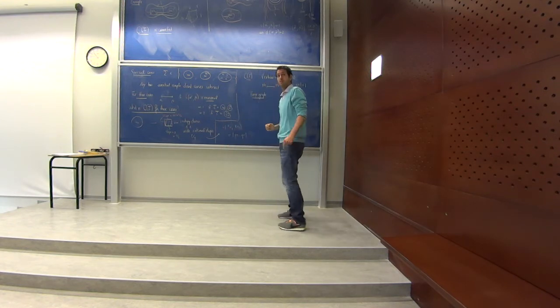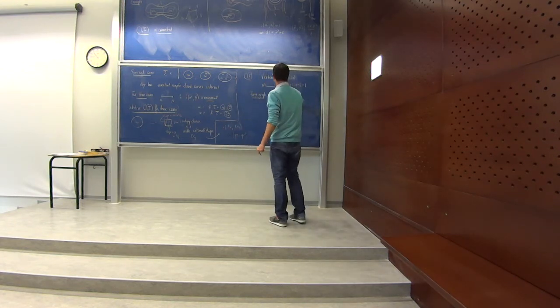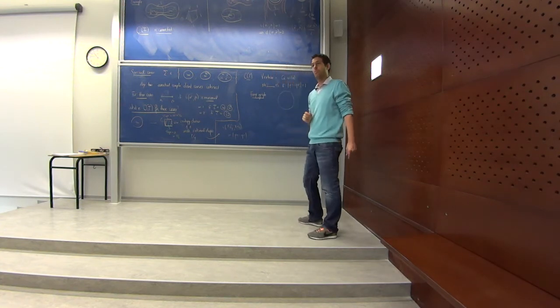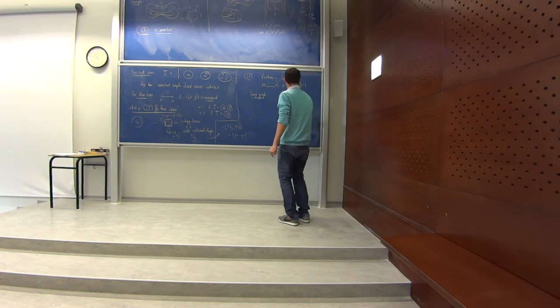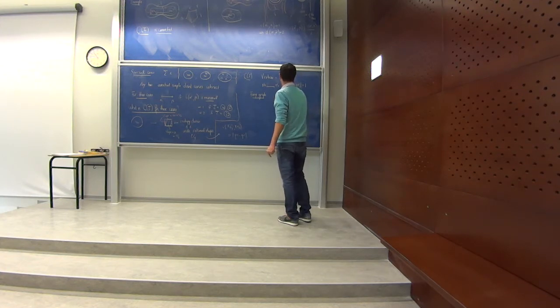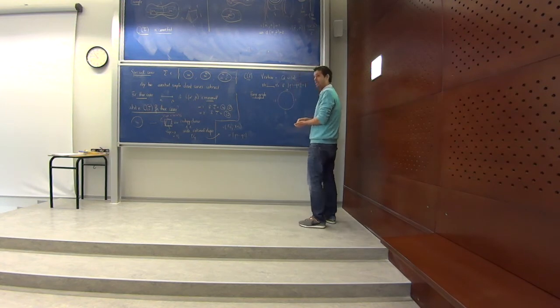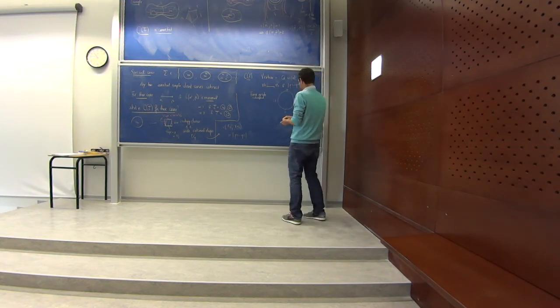What does this Farey graph look like? There are different ways of visualizing it, but one of the nicest is using the hyperbolic plane. This will be 0, this will be infinity. This will be 1, this will be minus 1. It's easy to see that 0 and 1 are connected.